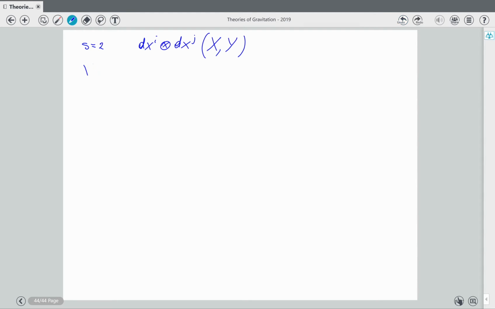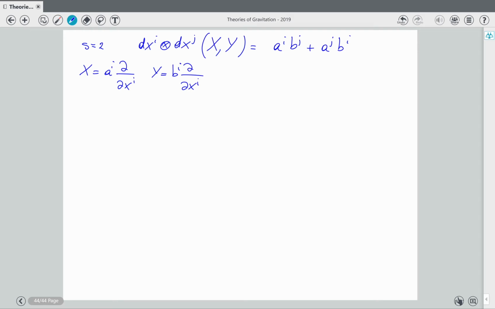X is equal to ai partial xi, Y is equal to bi partial divided by partial xi, and then by definition that is ai bj plus aj bi.